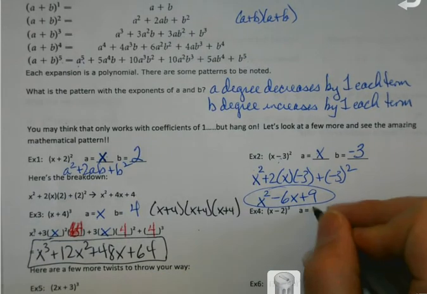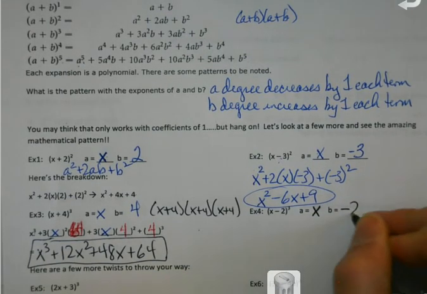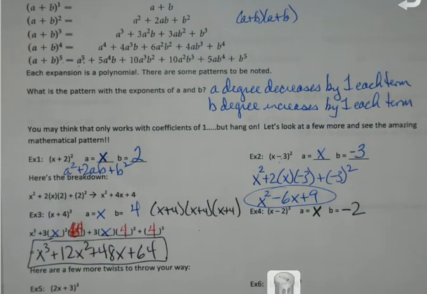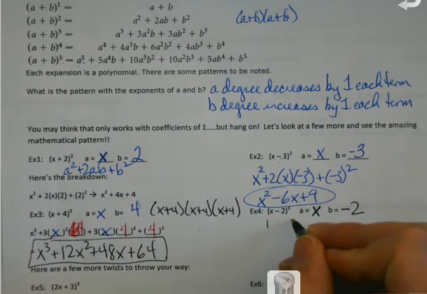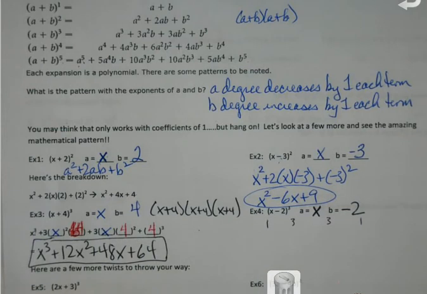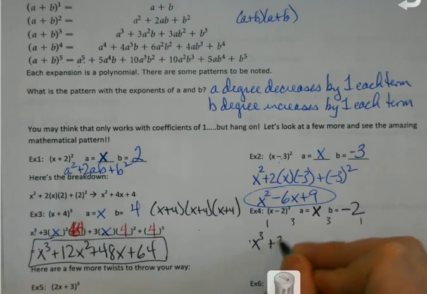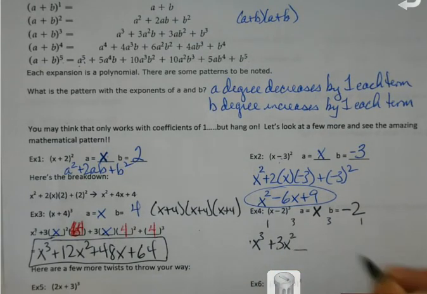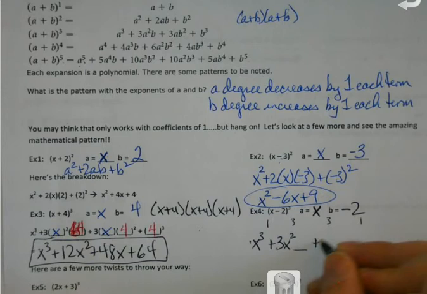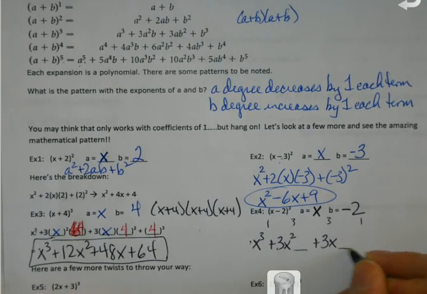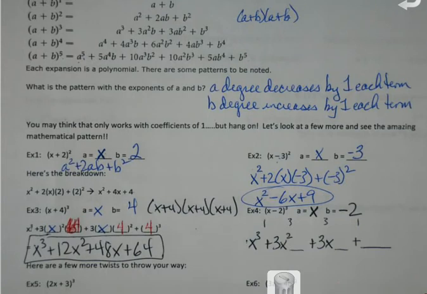So when you do these, x and negative 2, you think for a second about how Pascal's triangle works. 1, 3, 3, 1. And then you just start rolling through. You're like, okay, so x to the third plus 3x squared, I'll leave a blank for my b here, plus 3x blank, and then there's nothing left for me in that last one, because that's just going to be my b term.